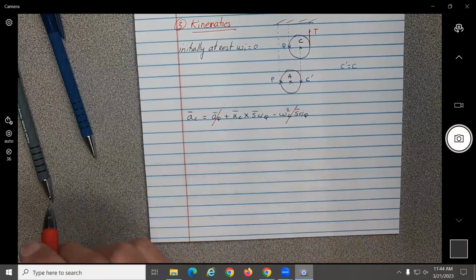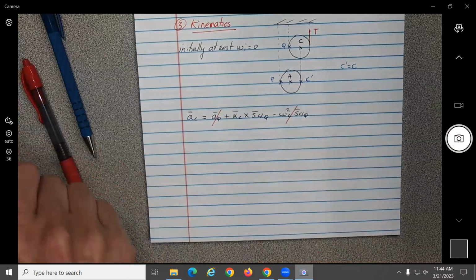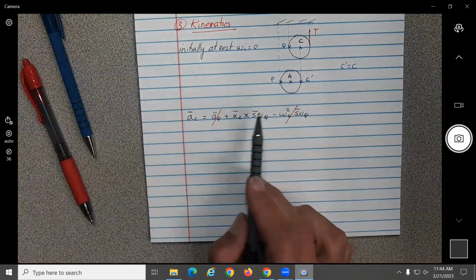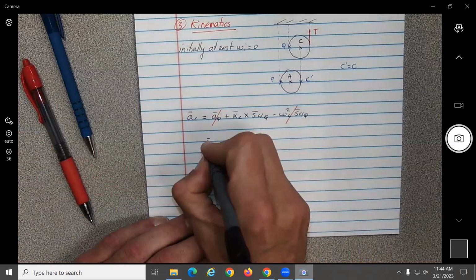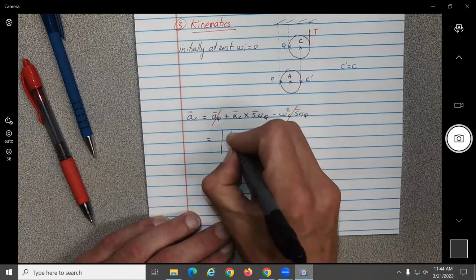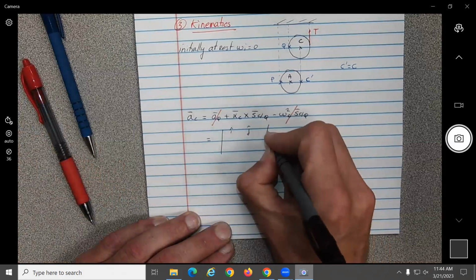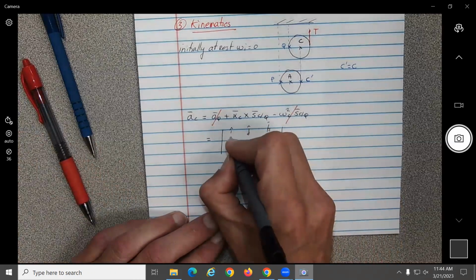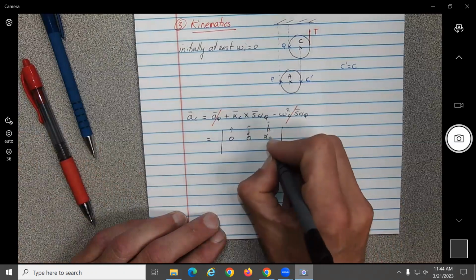I hope it's clear. All right, so they cancel each other. So basically, we're going to have acceleration of C equal to I J K of 0, 0, alpha C.